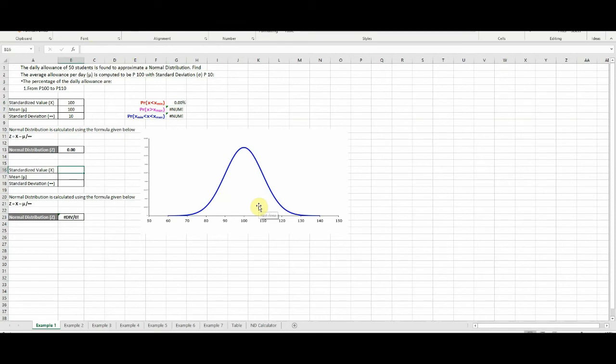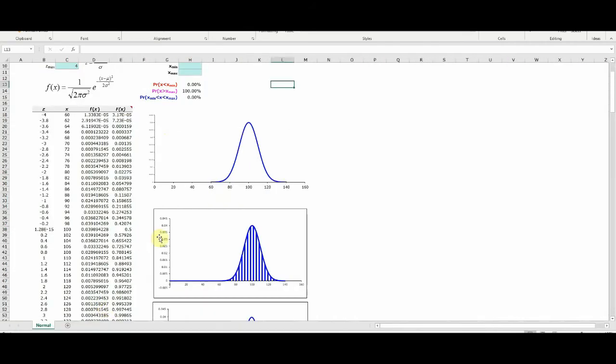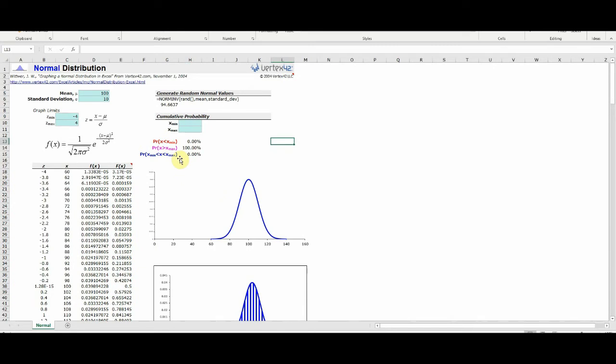And for the second given, 110, the mean, and the standard deviation. So therefore, I have here the z-score of 1. And based on our table, it is 34.13. Therefore, the probability of having a score from 100 to 110 is 34.13%.